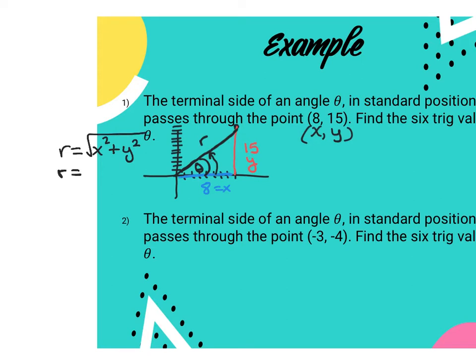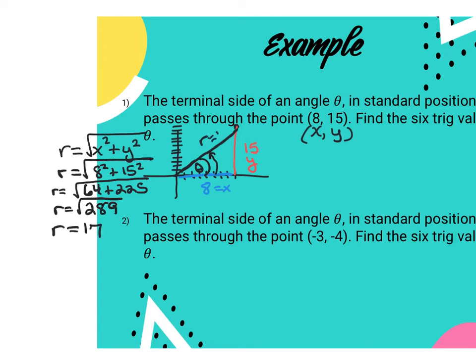R is equal to 8 squared plus 15 squared. 64 plus 225 gives me 289. I have to square root it, and the length of R is 17.